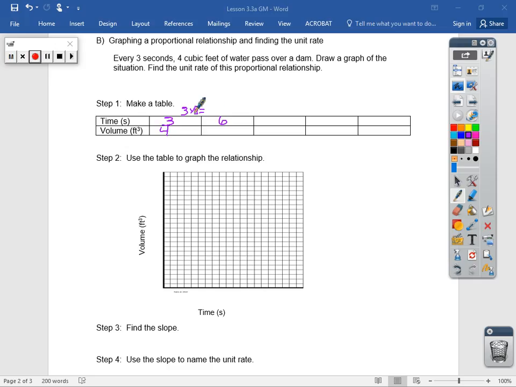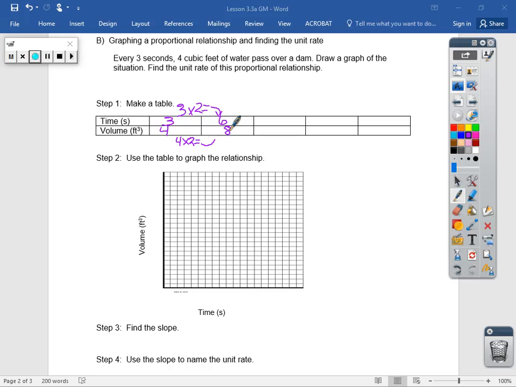Times 2. So 3 times 2 equals 6. So 4 times 2 equals 8.